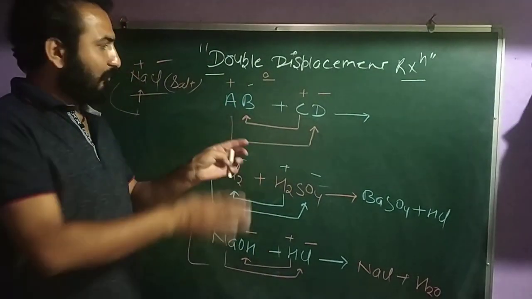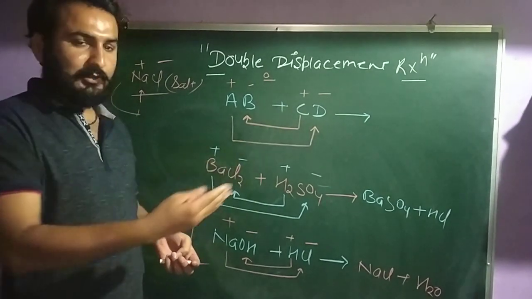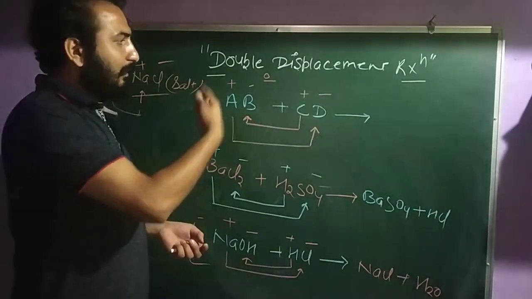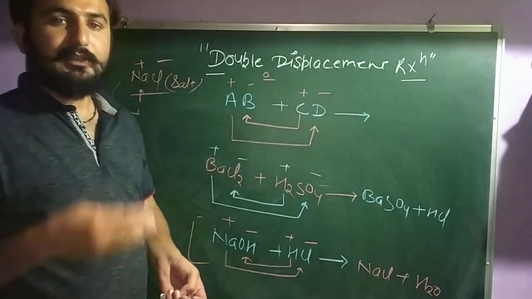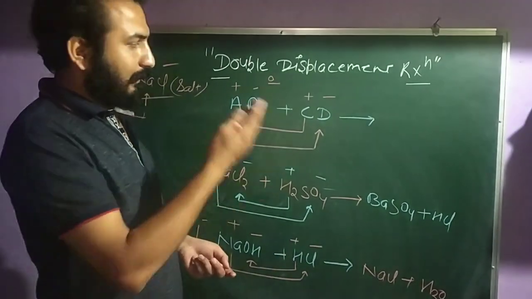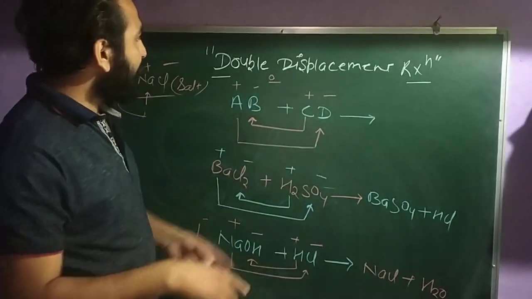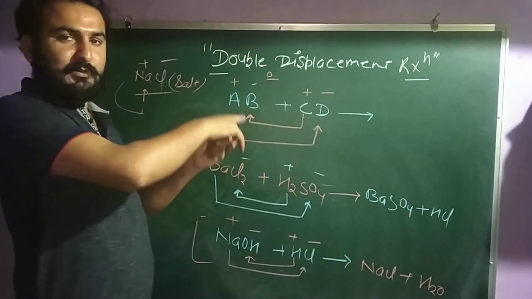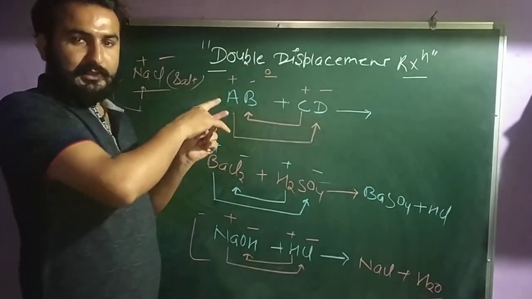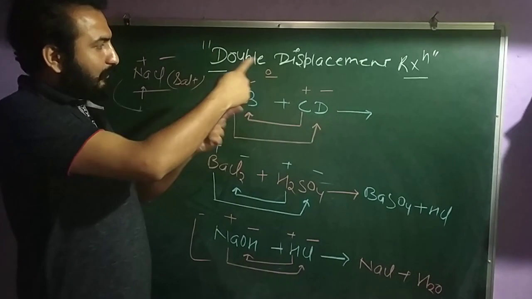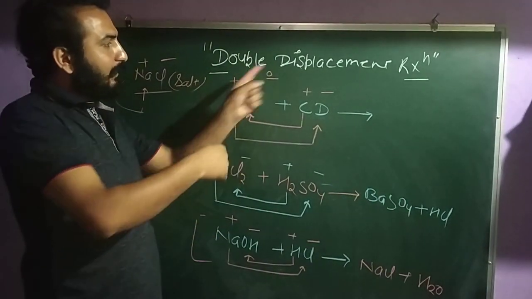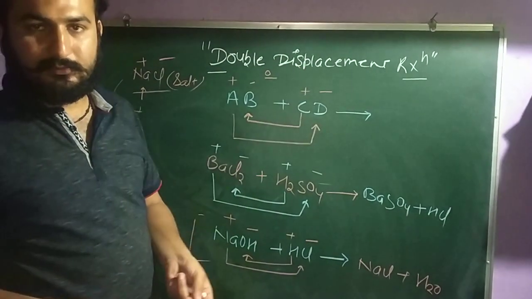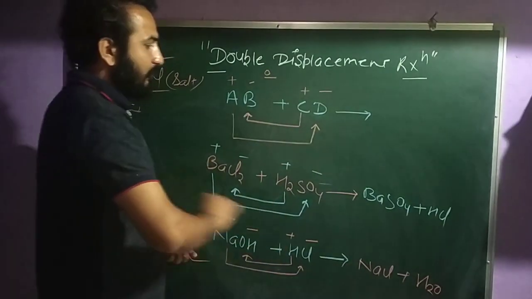So it is clear what a double displacement reaction is and how the product is formed in it. In the next videos I will explain the difference between the double displacement reaction and the displacement reaction. Clear? And some activities related to the double displacement reaction.